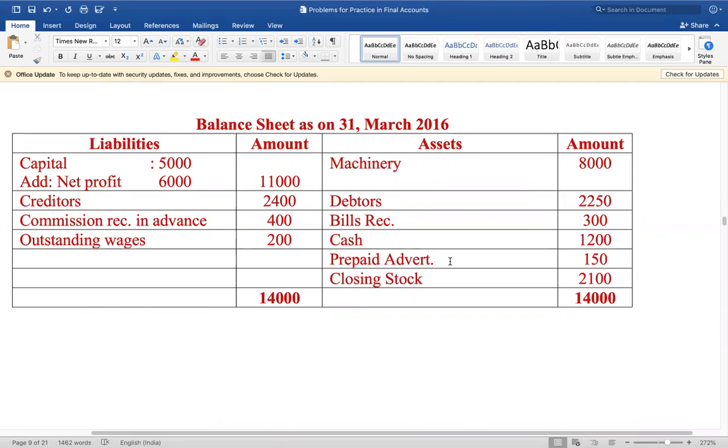Commission is income, but commission received in advance is a liability. Of the 1,900, only 400 is a liability. The remaining 1,500 is commission income. Anything else?